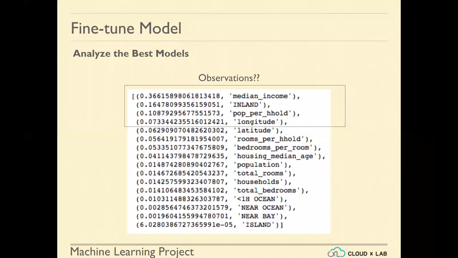If you remember the bedrooms per room that we calculated, even though it was giving a very good correlation with our data, it is a derived attribute depending on the other attributes internally. So the other attributes have a better impact on the output.